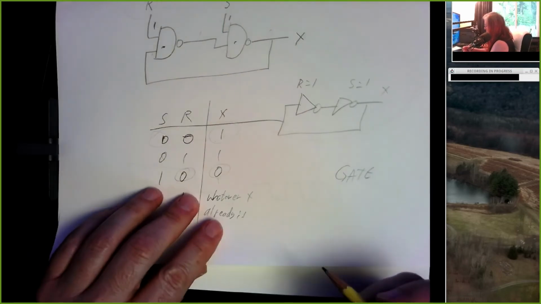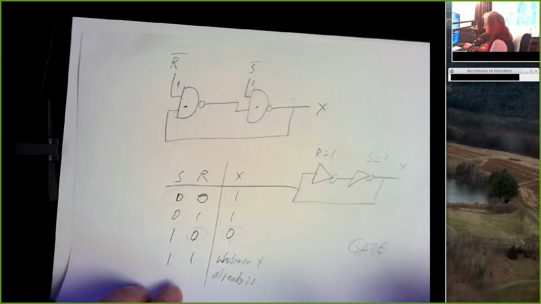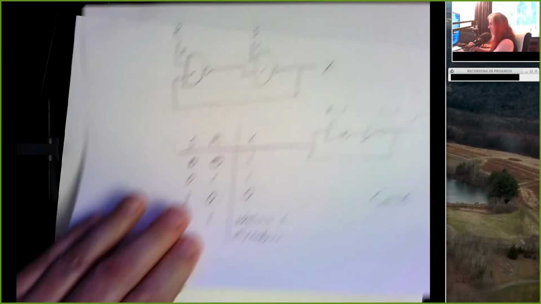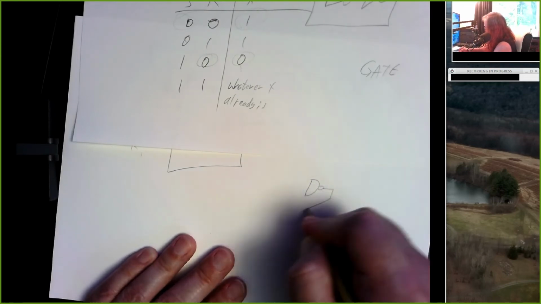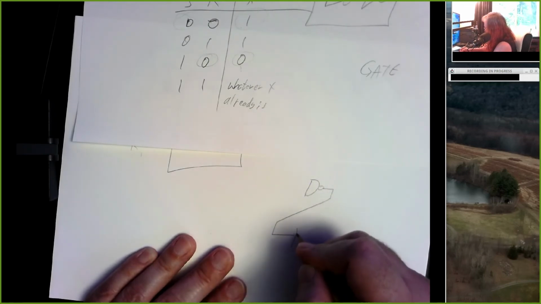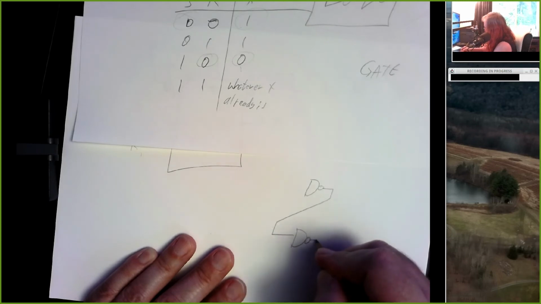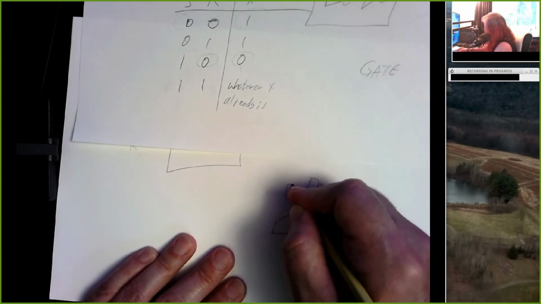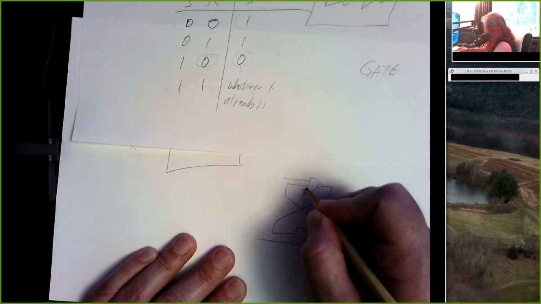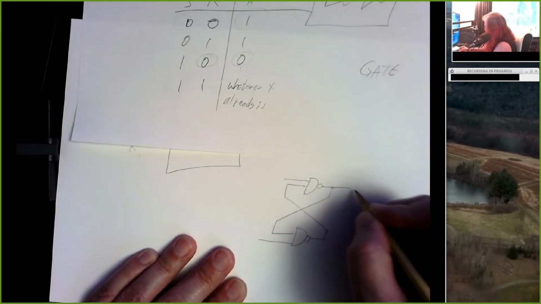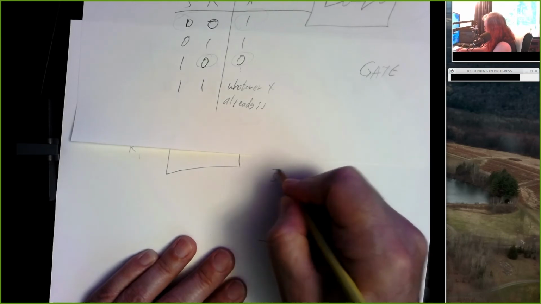And we typically draw these pictures a little differently. Instead of drawing them in this linear fashion, you'll see these drawn like this. And so here would be our output X. This would be the set bar input.